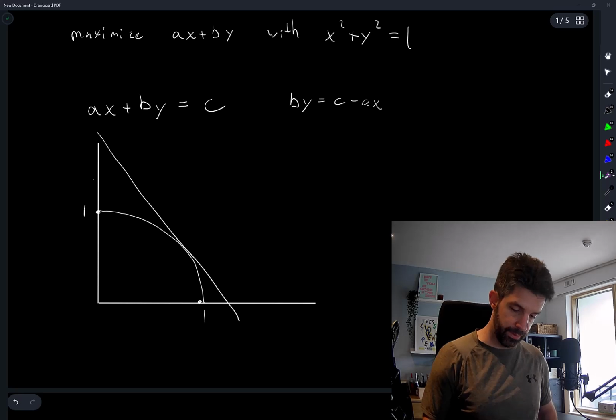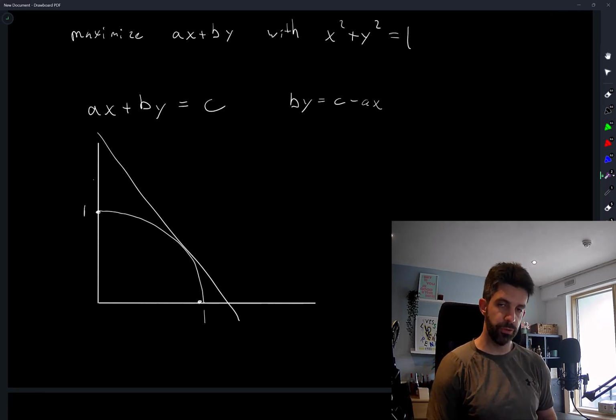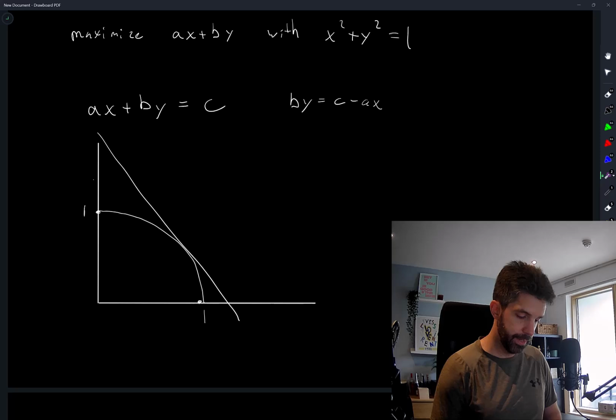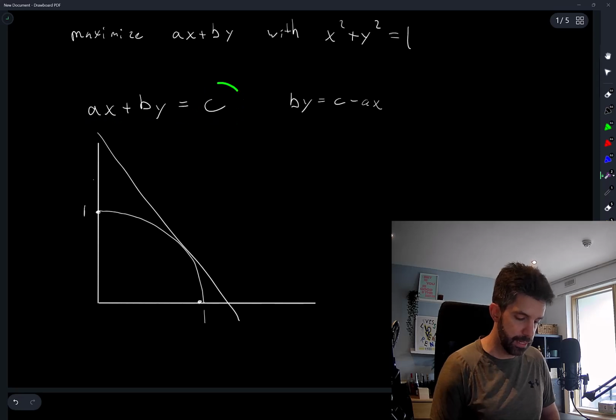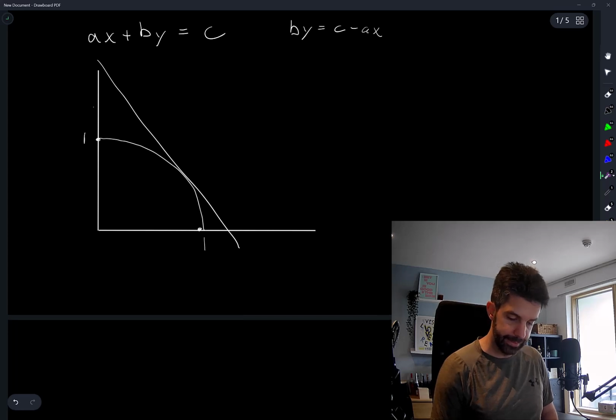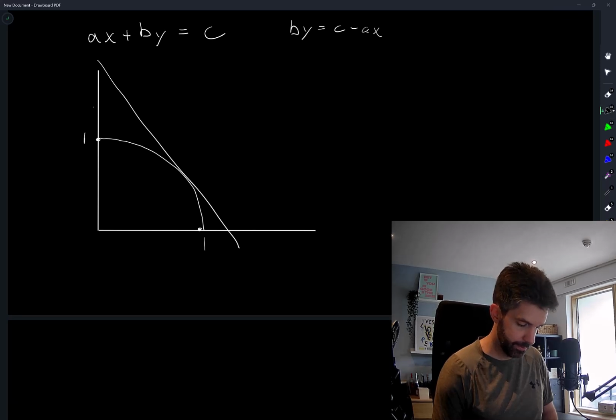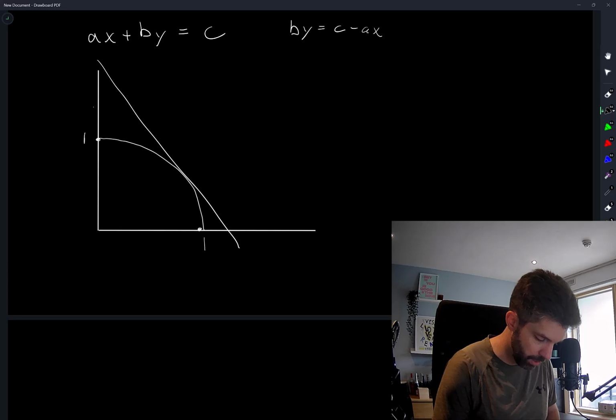So what I've done now is reduce the problem to finding which of these lines, for different values of c, is tangent to the circle. What might be the best way of doing that? Well, if I draw a line from the origin to that intersection point, it's going to intersect the line at a right angle.